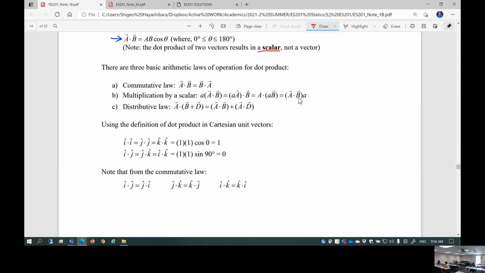By the way, this and that is essentially the commutative rule. Anyway, the distributive rule is, suppose you have A dot (B plus D). You can, of course, open it up: A dot B plus A dot D, right? Okay. So those are just some basics. You may or may not end up doing this arithmetic in this class. I think you already know that from physics.